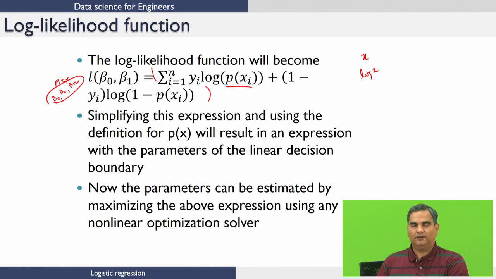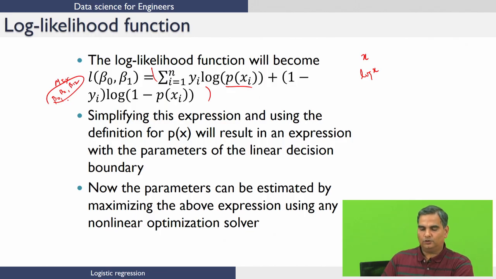Now, we have come back to our familiar optimization territory, where we have a function of these decision variables that needs to be maximized. This is an unconstrained maximization problem, because we are not putting any constraints on beta naught, beta 1 and beta 2. They can take any value that we want.